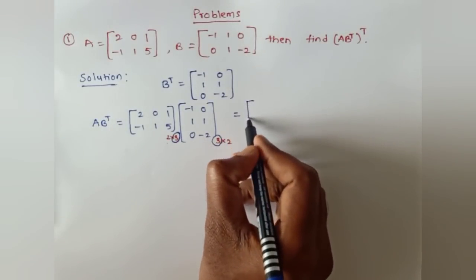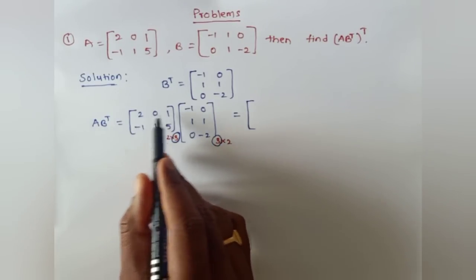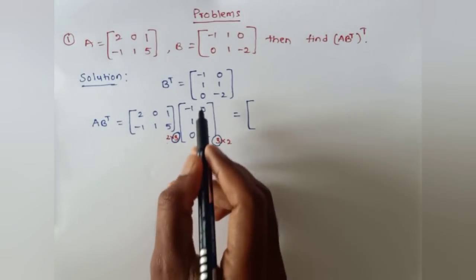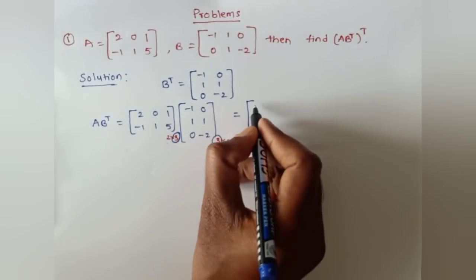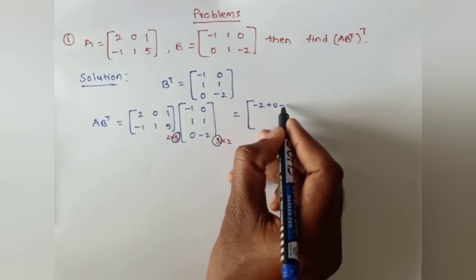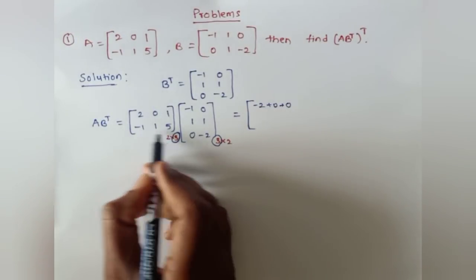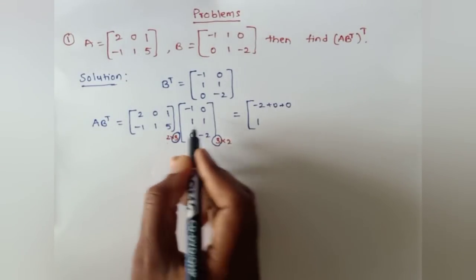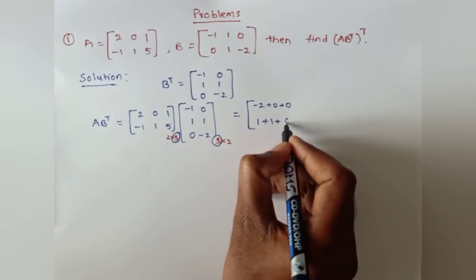Very good. So we get this matrix by multiplying the corresponding elements of the first row with the elements of column 1. So it is 2 into minus 1, minus 2, 0 into 1, 0, plus 1 into 0, 0. Next this row with this column: minus 1 into minus 1, 1, 1 into 1, 1, plus 5 into 0, 0.